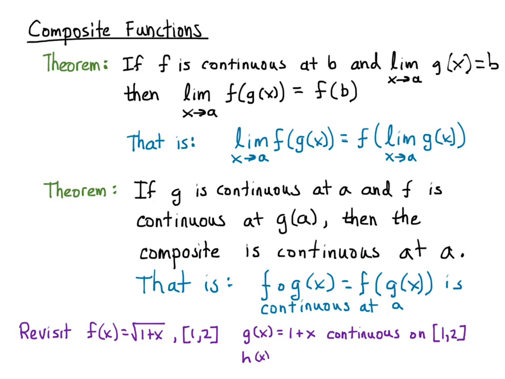So then if h at x is the square root of x, it's continuous from 2 to 3, because that's really where the question is. It's not really the interval 1 to 2 that we're concerned about. g at x gives us its output. The range of g at x when its domain is 1 to 2 is 2 to 3.